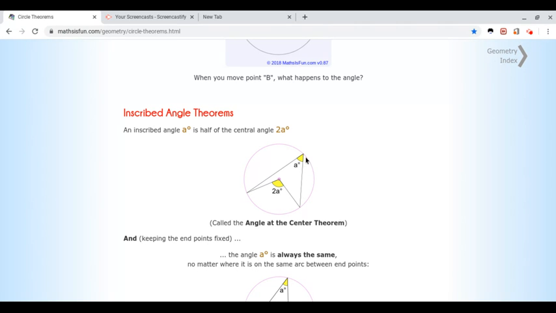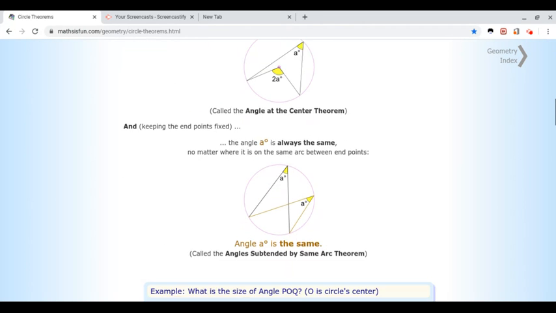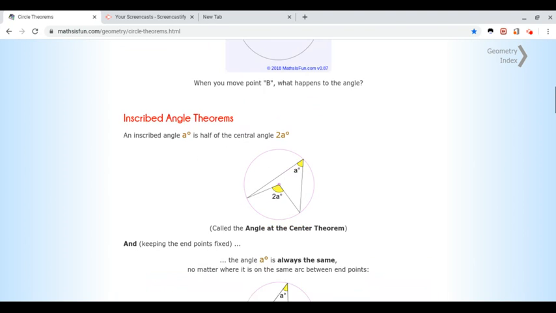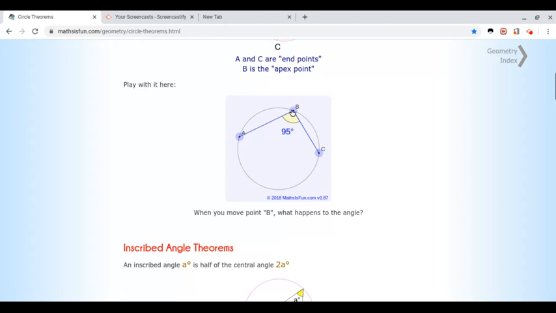So this angle is half of this arc, or half of the central angle here. That's basically what happened: no matter what, it's going to be half of the arc AC.